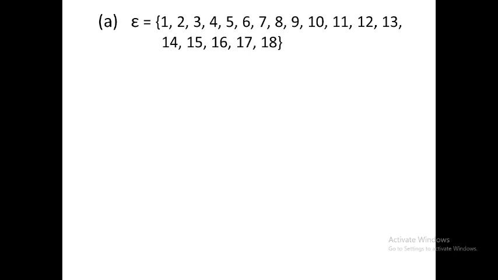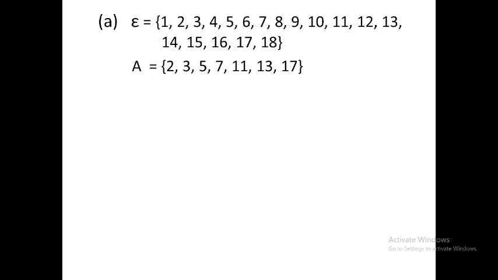Then A. Remember, set A is a subset of the universal set, a smaller set of the universal set, and we are told set A is prime numbers, and we will have to take our answers from the universal set, and so we have already listed prime numbers earlier. So we have 2, 3, 5, 7, 11, 13, 17.